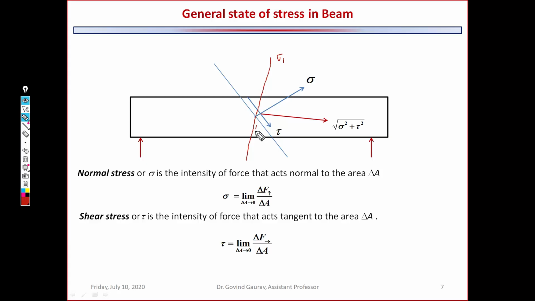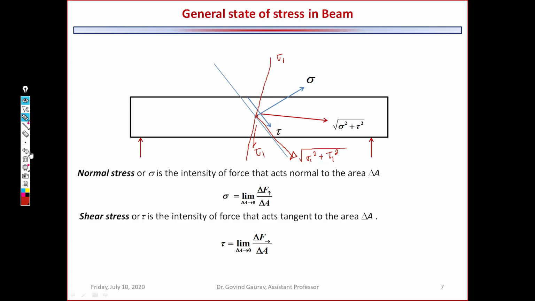We will have a different value of the shearing stress that is acting along the plane, that would be tau 1. Again there will be a resultant that is acting at point P. This would be in this direction. This value would be given by the square root of sigma 1 whole square plus tau 1 whole square.